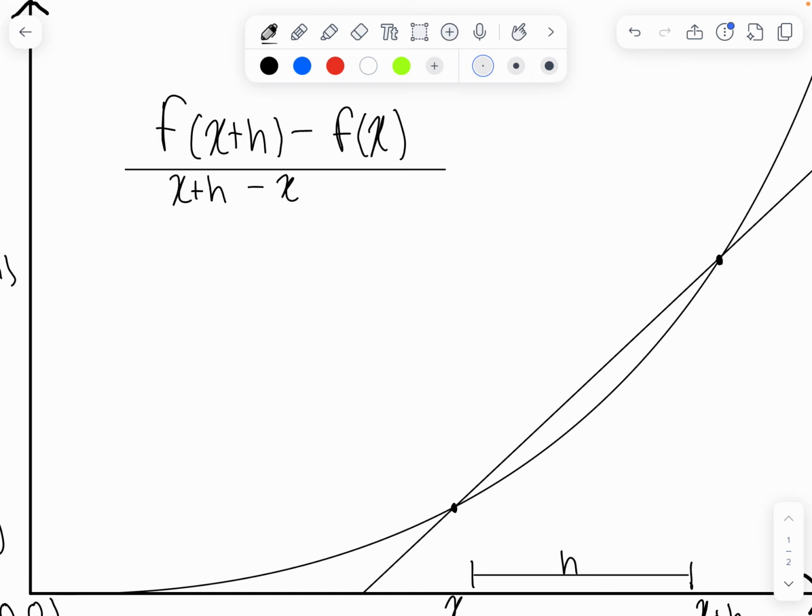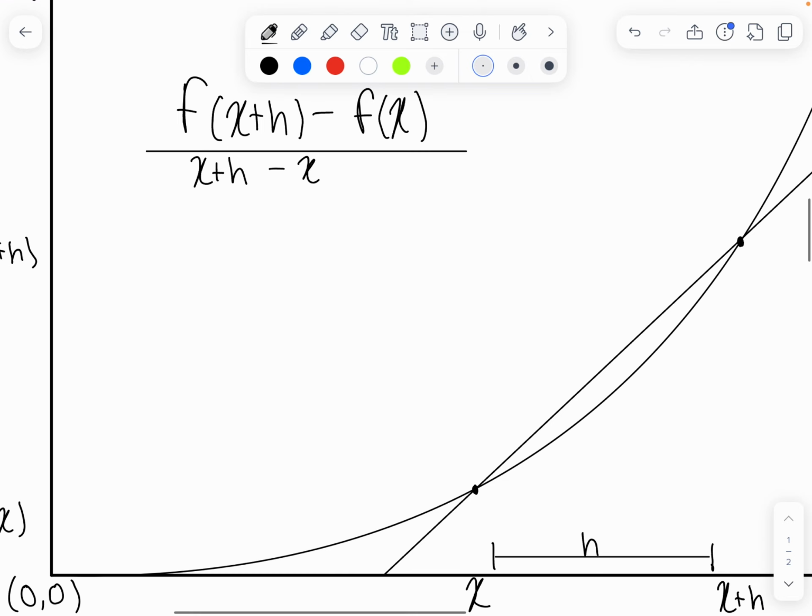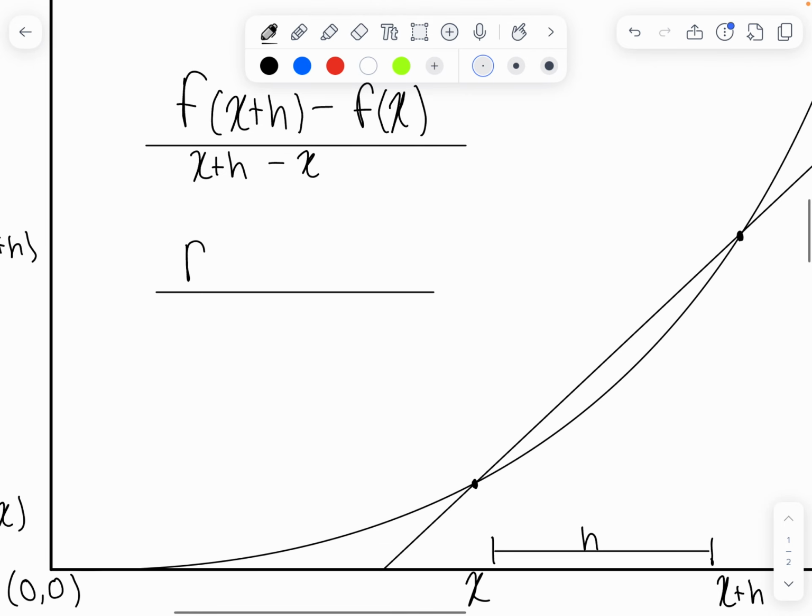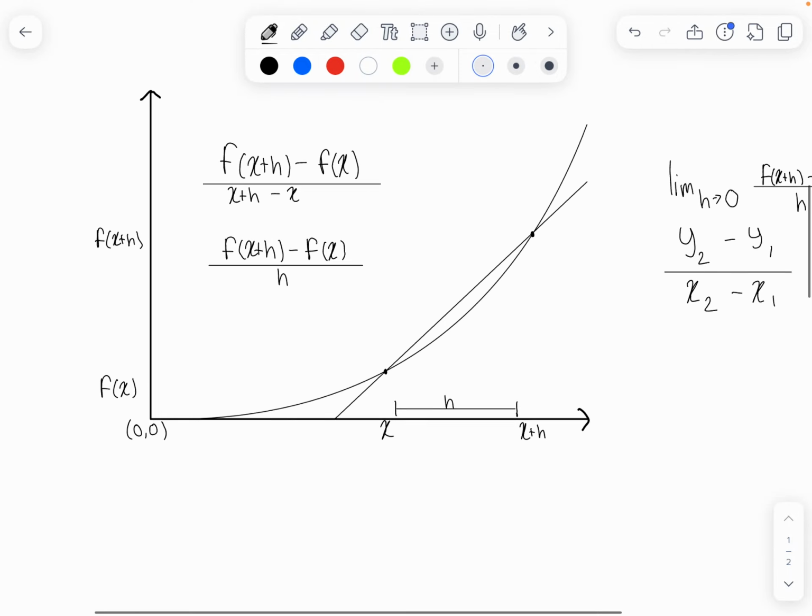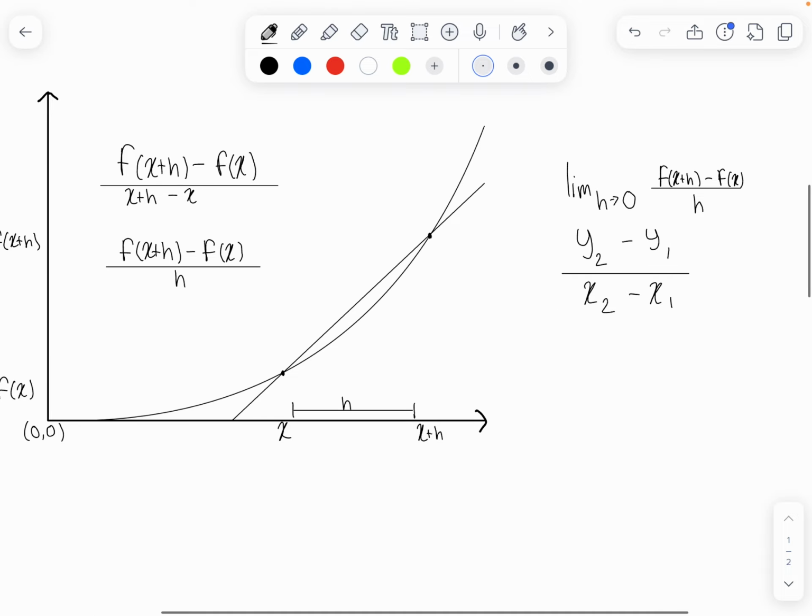So if we simplify this down, we get f of x plus h minus f of x over h. Now, that does look very, very similar to this.